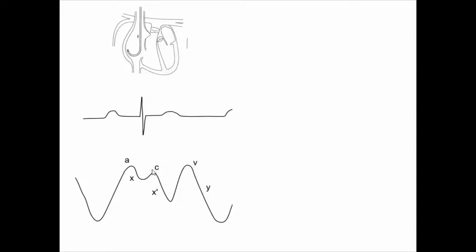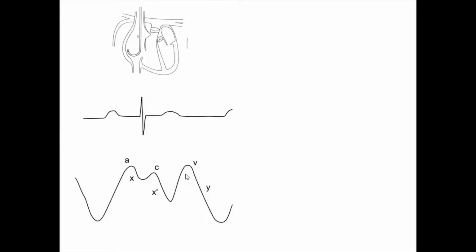The X descent is due to the fall in pressure in the right atrium, caused by atrial relaxation. So A is atrial contraction, X is atrial relaxation. This atrial relaxation is interrupted by a C wave due to bulging of the tricuspid valve into the right atrium.